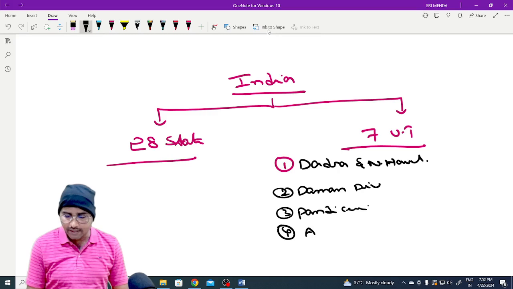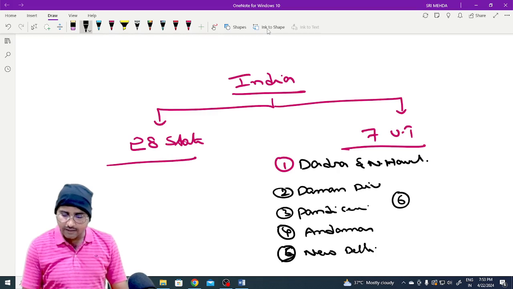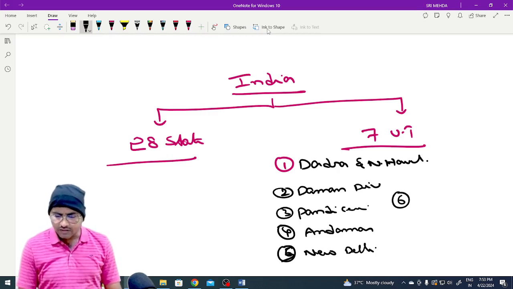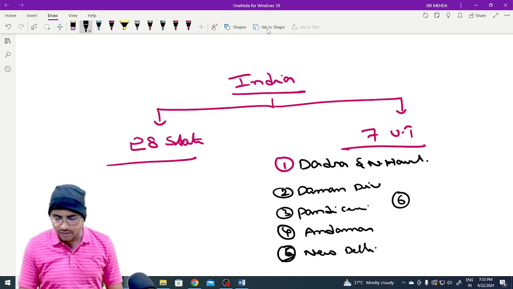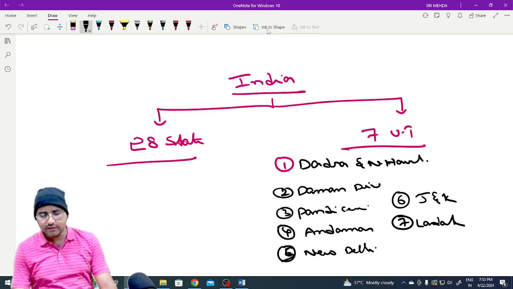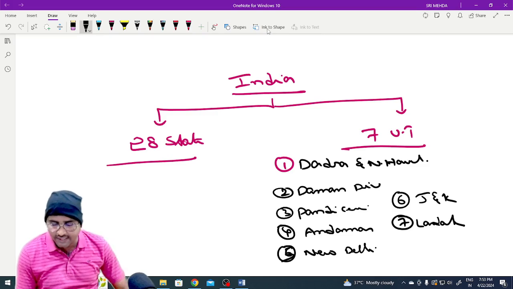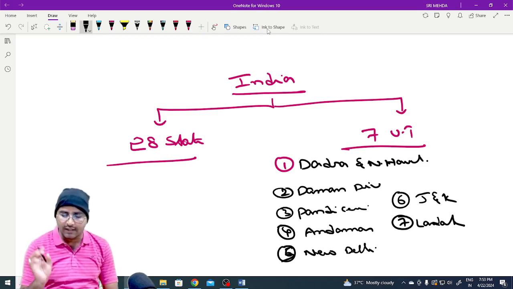Next, Andaman Nicobar Islands. Next, New Delhi. And the next one, Jammu and Kashmir, and Ladakh. Right?